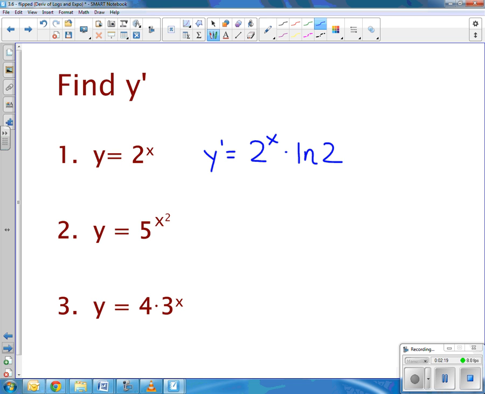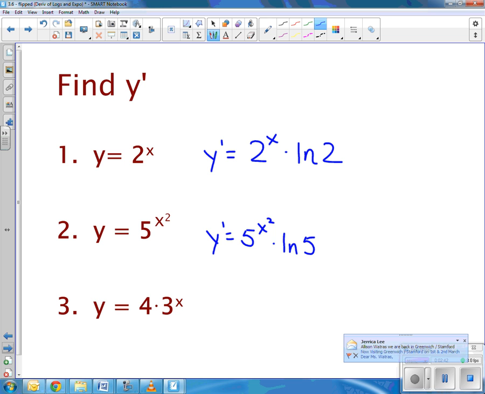As soon as you say, okay, this is not just a general exponential anymore, I have something other than x up there, that should signal that we need to use the chain rule for this one. So what I'm going to start with is 5 raised to an exponent. That derivative is 5 to the same exponent multiplied by the natural log of the base, so natural log of 5.